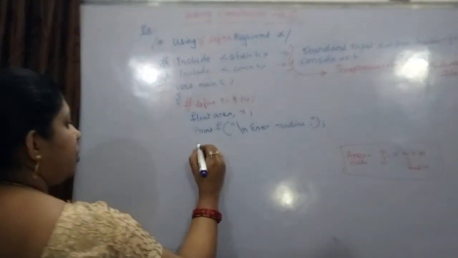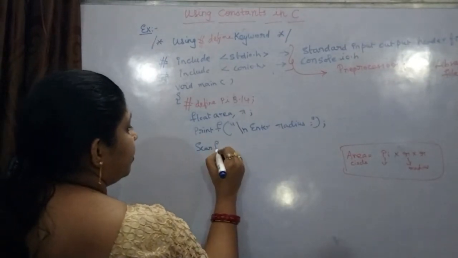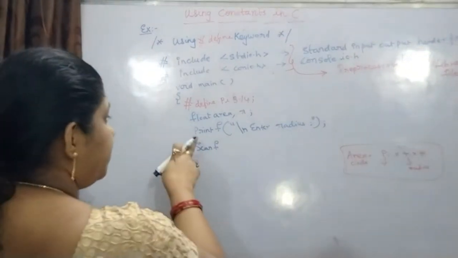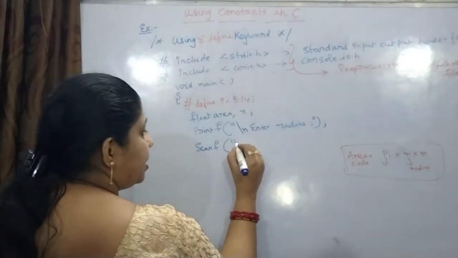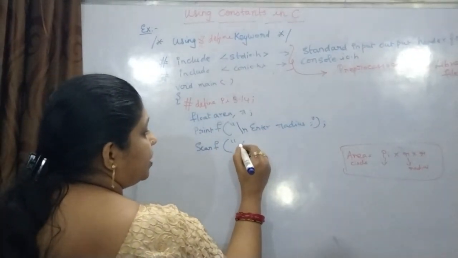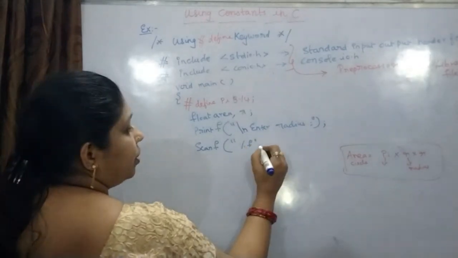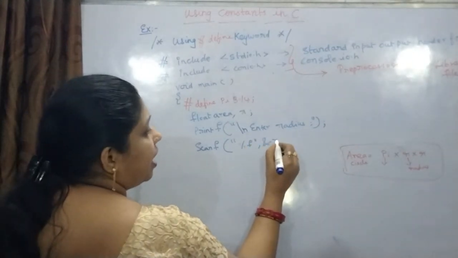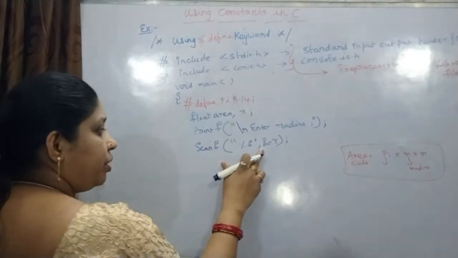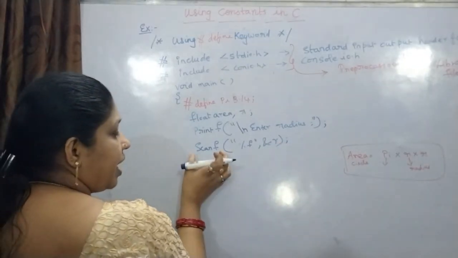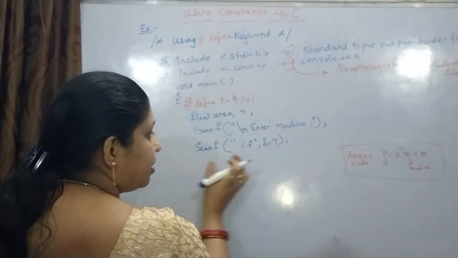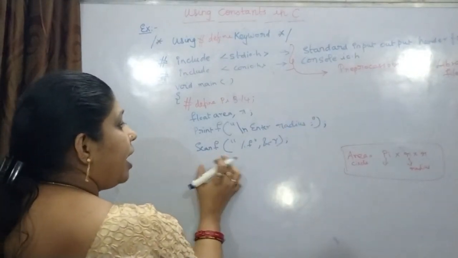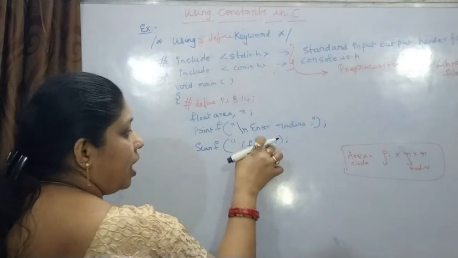Close it. Now scanf. Why are you using scanf here? Printf is asking to enter the radius. Now scanf is %f, &r. The scanf function will read the input value, and that value is stored in r.